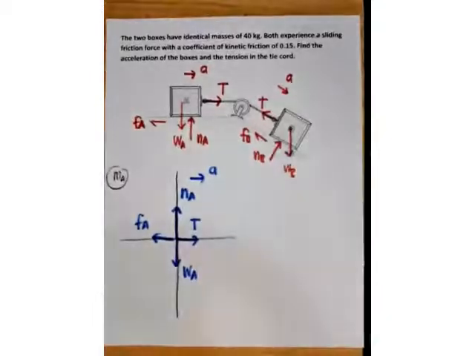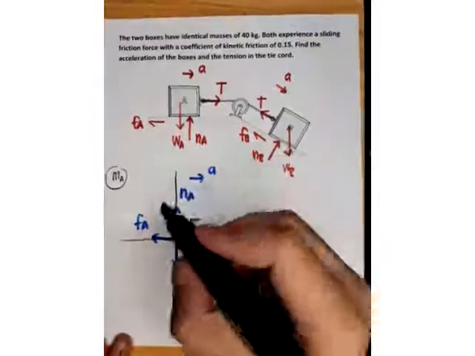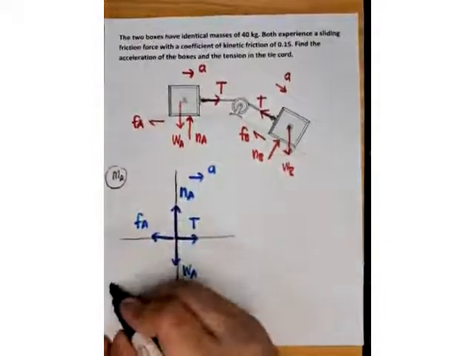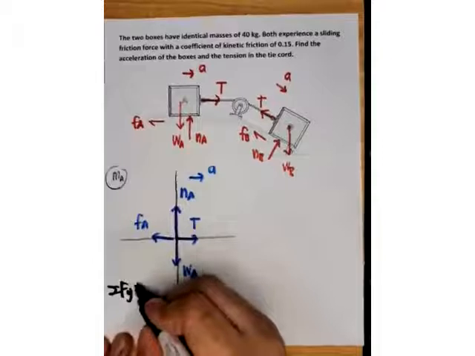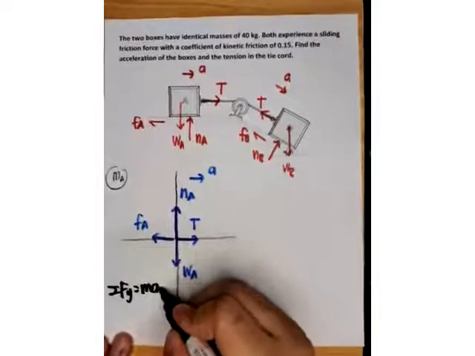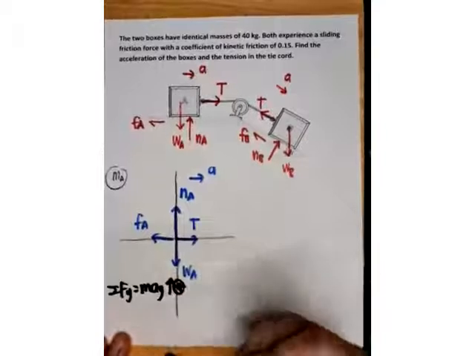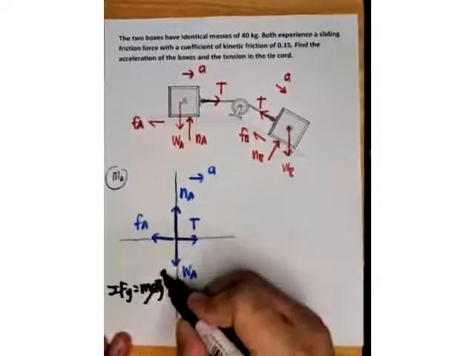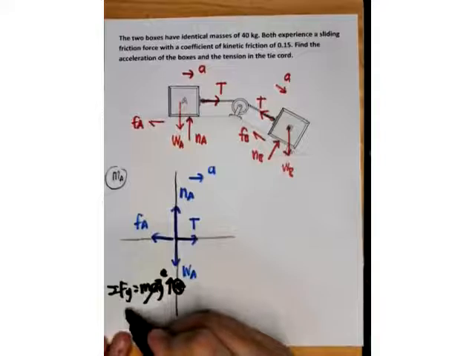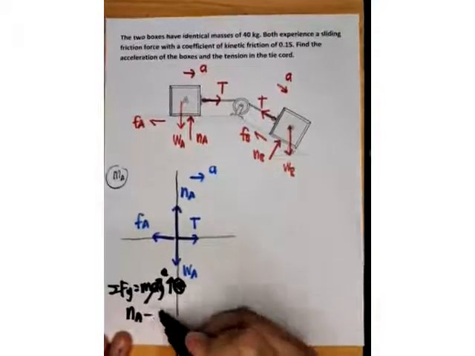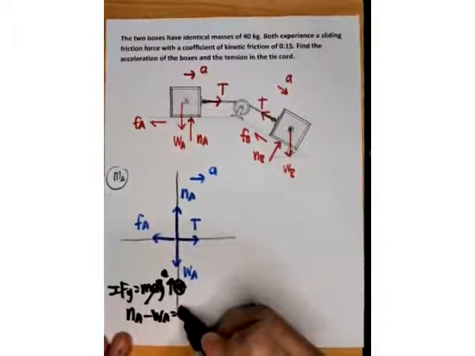Okay, class. Do we need the normal force? So if we have a friction, kailangan natin yung normal. So doon muna natin siya sisimulan. So yung normal ay nasa summation of forces along y is equal to MAY. Pataas ay positive. But wala naman tayong acceleration along y, so therefore this is 0. So we'll have normal A minus weight A is equal to 0.